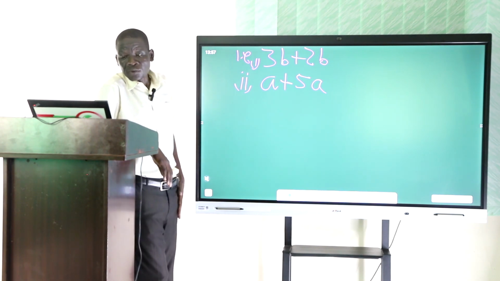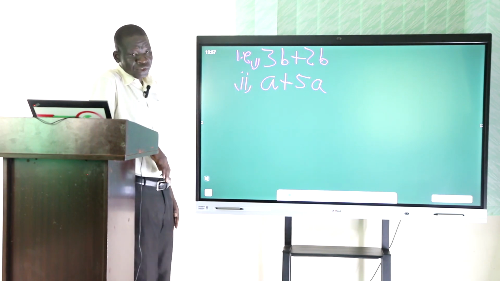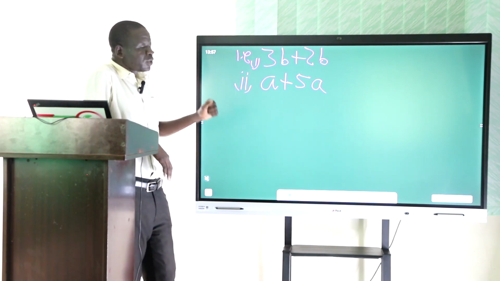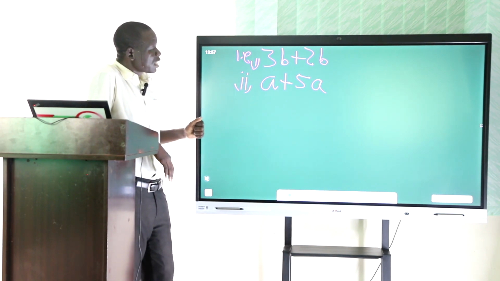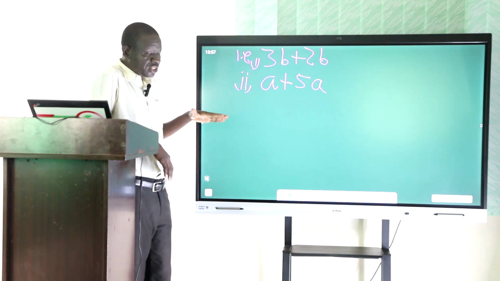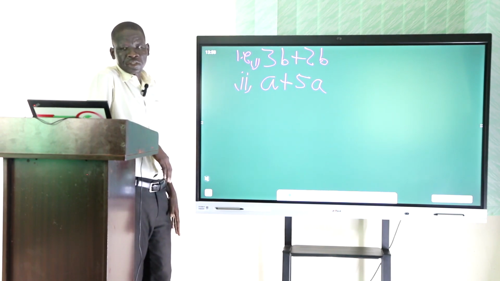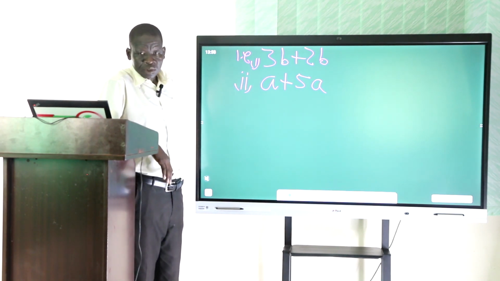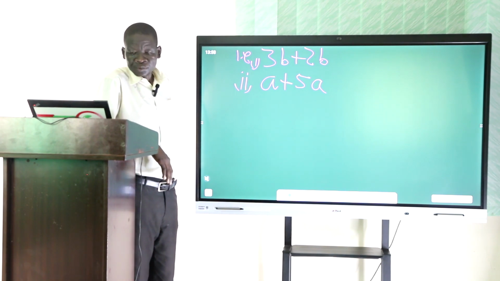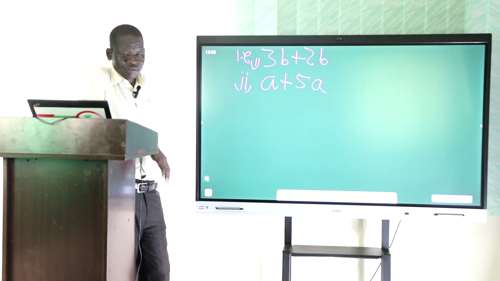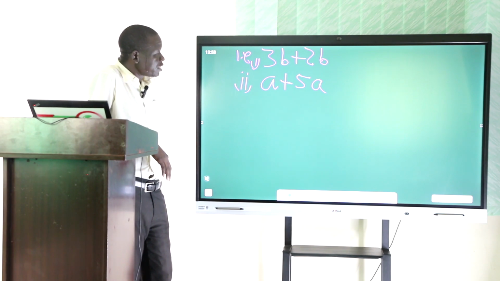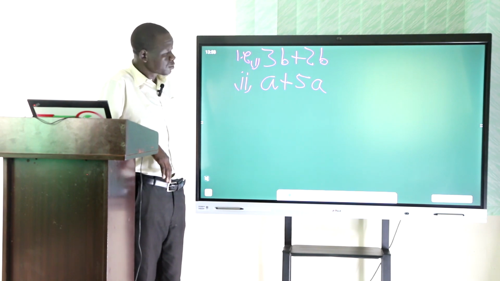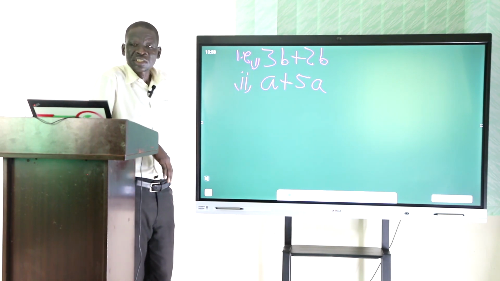Then we have what we call unlike terms. Unlike terms are formed from an expression that consists of different variables. Variables which are not the same are what we call unlike terms. In everyday life, when we add variables which are not the same, then each is counted differently.